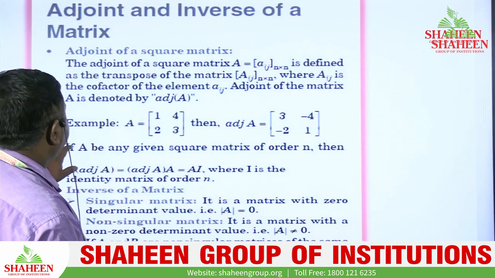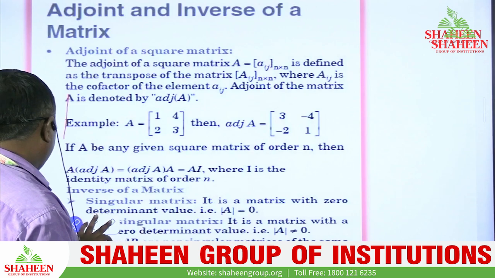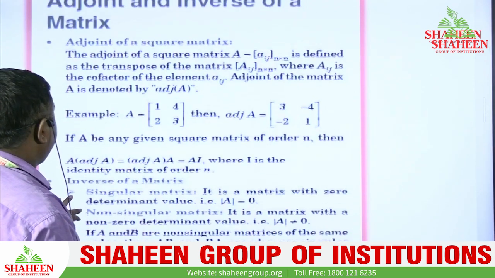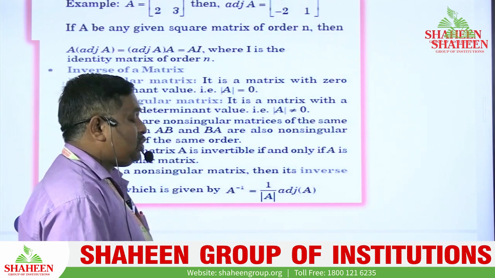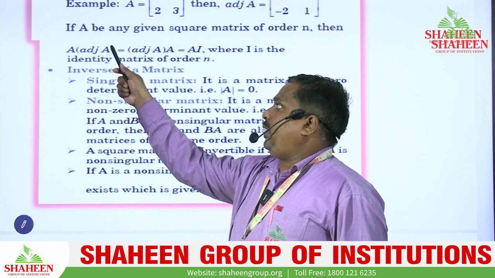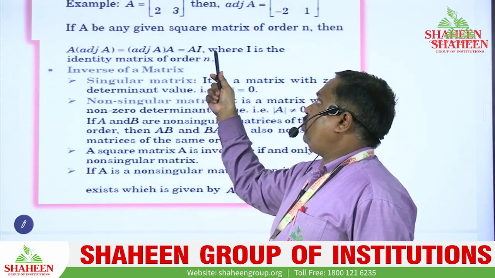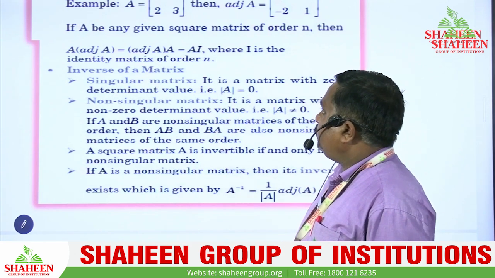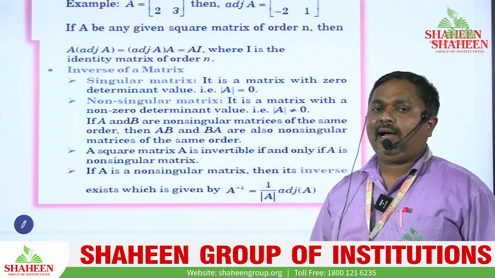Next, we have some properties based on this adjoint, that is A into adj A, or adj A into A, is equal to determinant of A into I, that is |A| into I, where I is the identity matrix.